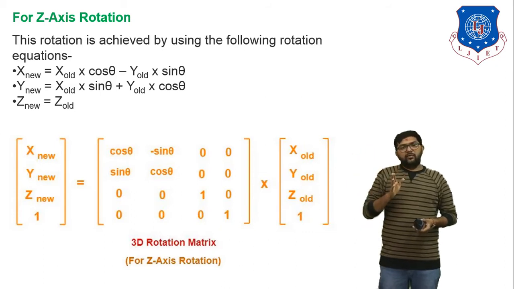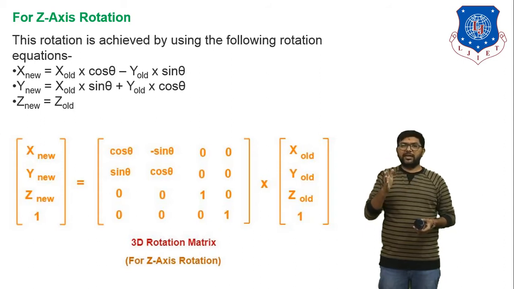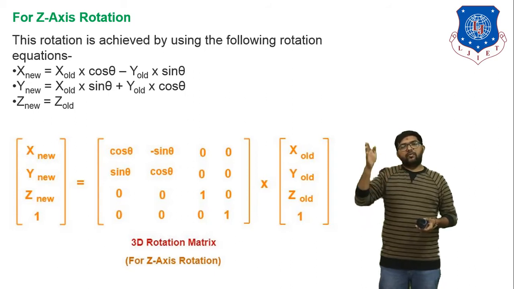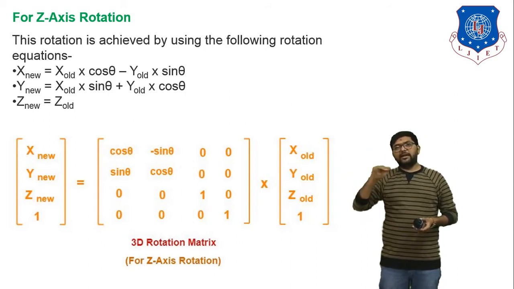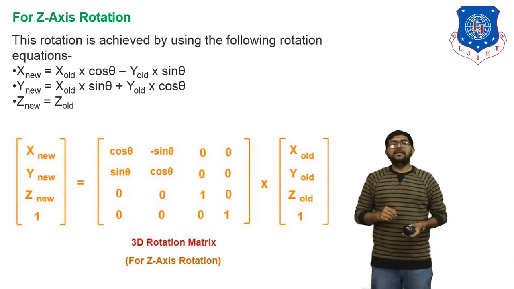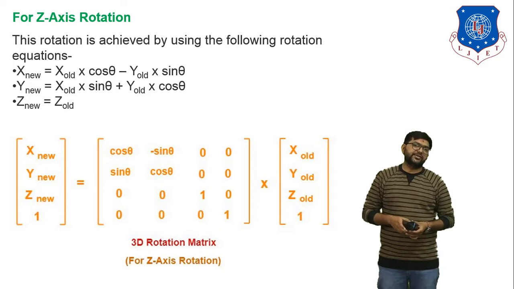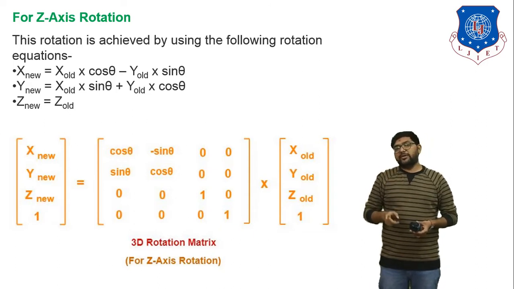If you want to find the values of x new, y new and z new, you just multiply the first row with the first column for the x new coordinate, the second row with the first column for the y new coordinate, and the third row with the first column for the z new coordinate. So this is the equation of the z-axis rotation. This equation is for the anti-clockwise rotation.